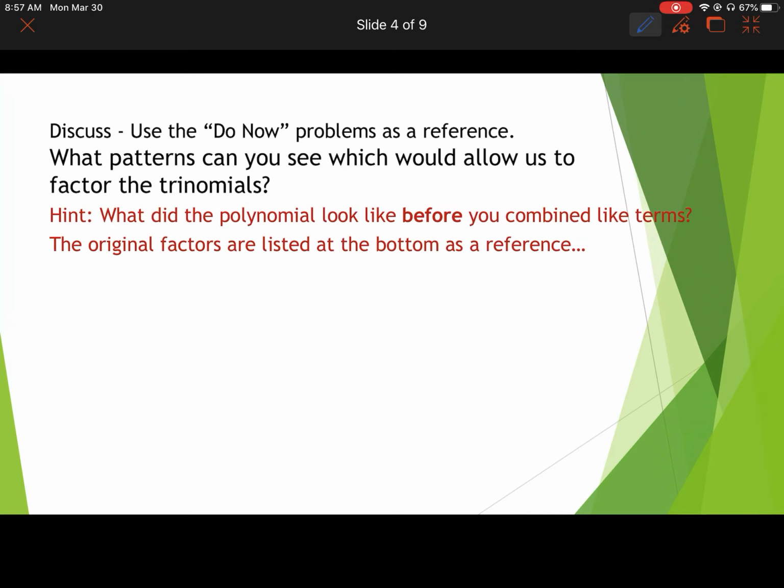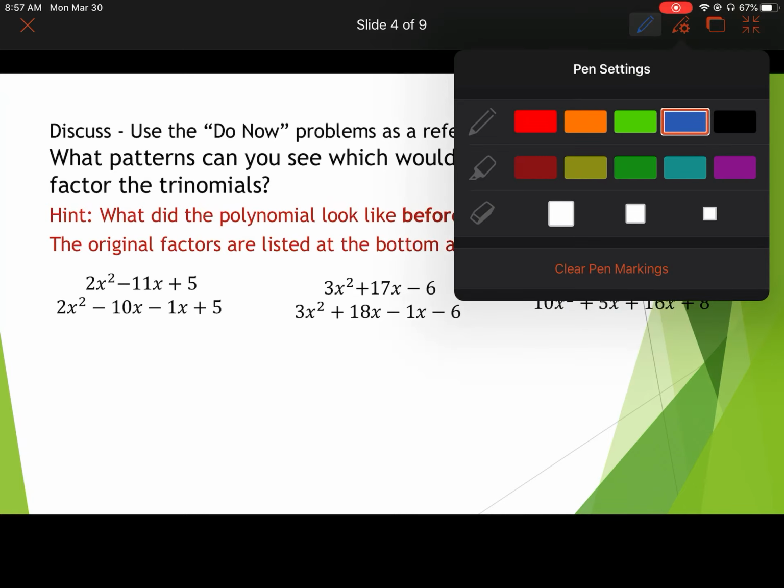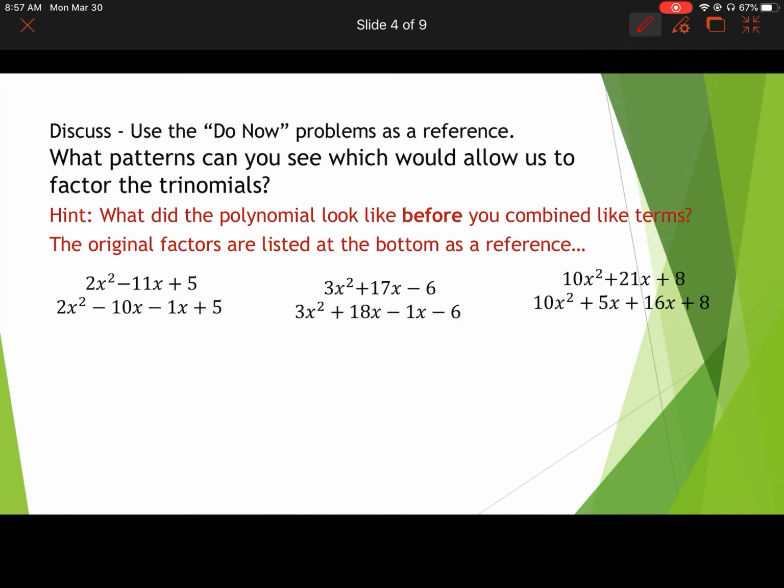So when we're trying to identify this pattern, let's look at our 3 problems. All right, so if we were told or asked to factor these trinomials, we know that because we did the math, the FOIL to get there, we know that the negative 11x was generated from combining those two like terms of negative 10x and negative 1x.